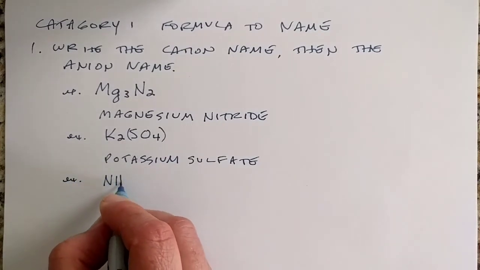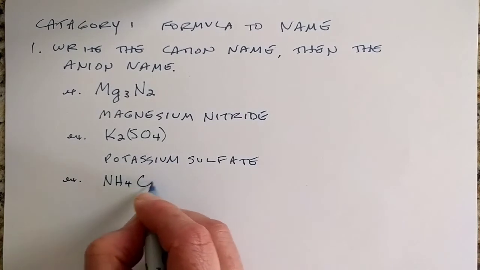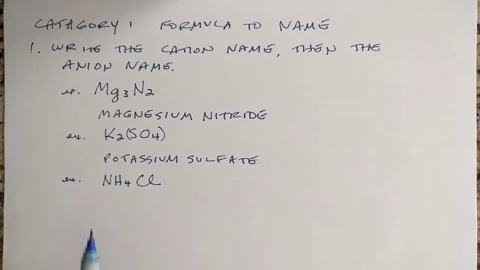All right, let's do another example. So NH4Cl. All right, so now N is to the right of the staircase. However, if we look at this NH4, if the N is followed by an H4, that is the ammonium ion, and this falls into category 1. This is an ionic compound, so we just have to write the name of that ion.